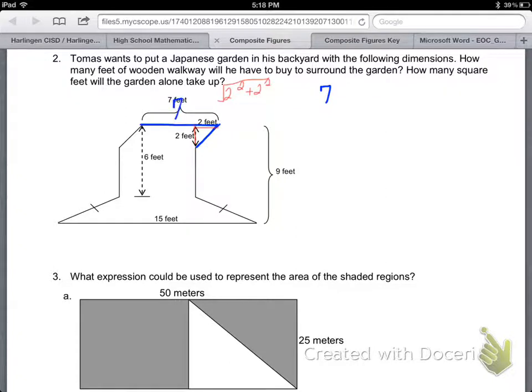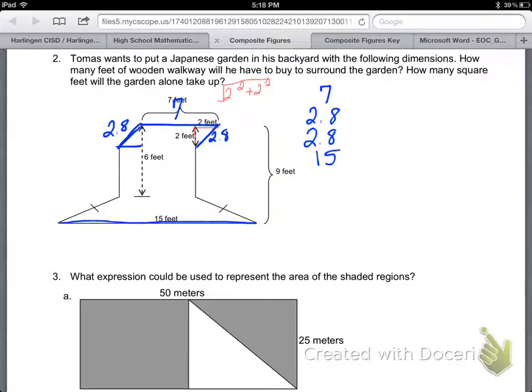So up here is 7. And right here is 2.8. So we need to add 2.8. And then this is also going to be 2.8 because it matches the other triangle on the other side. The bottom, all of this bottom is 15.